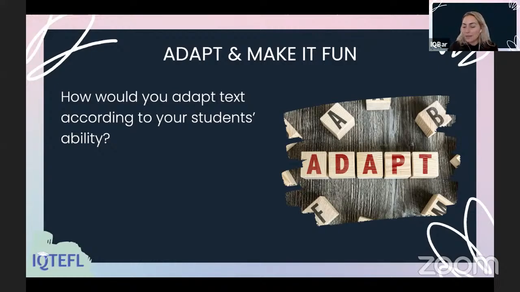The next thing is to use synonyms or simplify the text if we are working with lower level students that may not be as advanced as others or don't have such a long English learning history, if they are learning English as a second language.